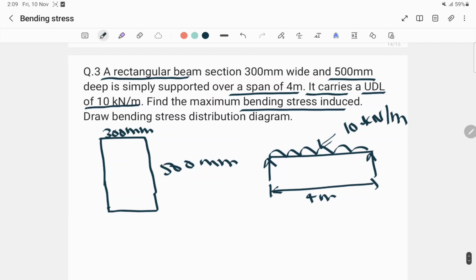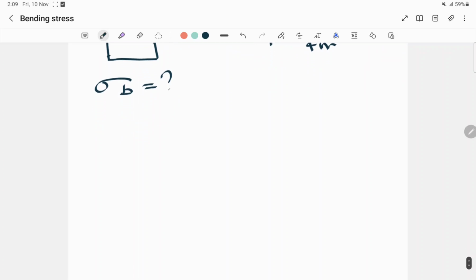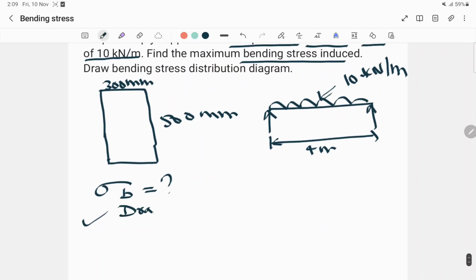What we have to find is the maximum bending stress, and also we have to draw a bending stress distribution diagram.